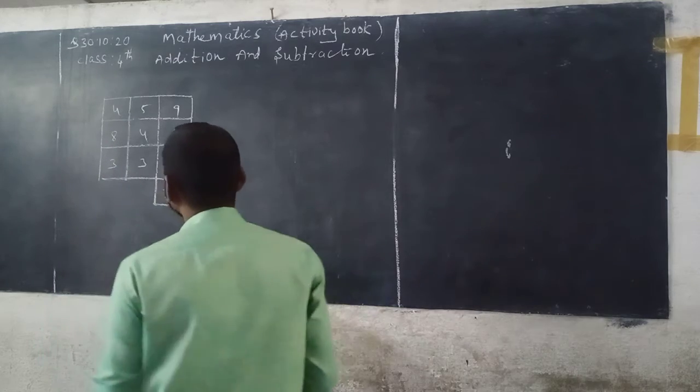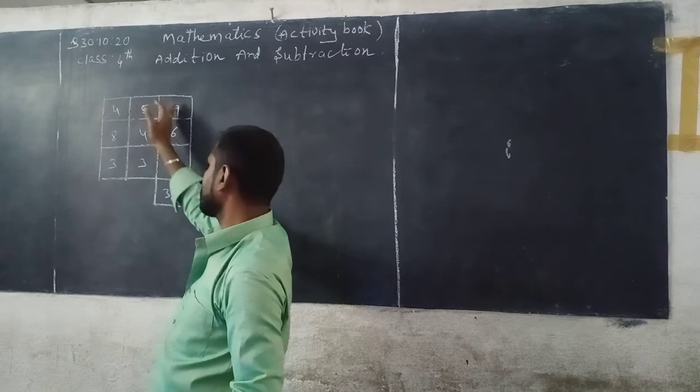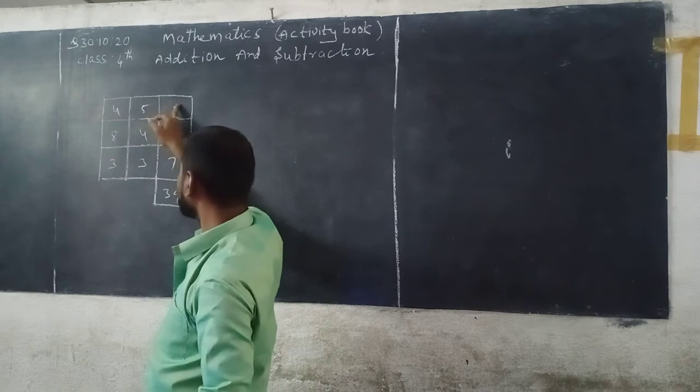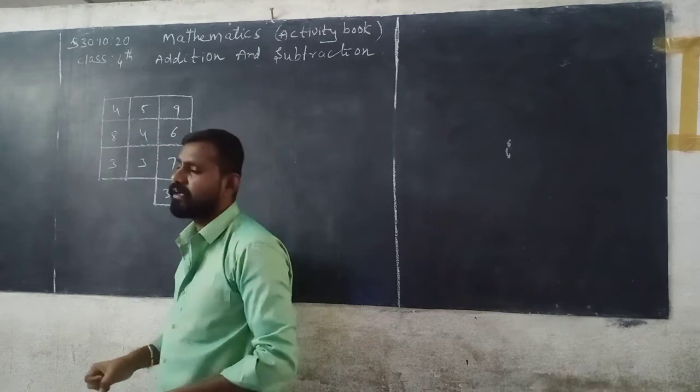So find the path by using these digits. So if we use these digits, the sum is 39 and also we can find out the path.